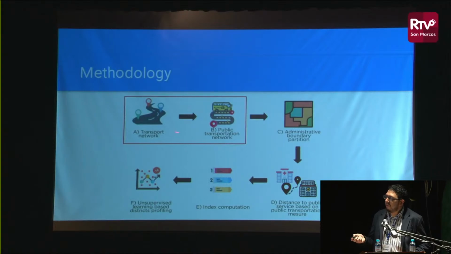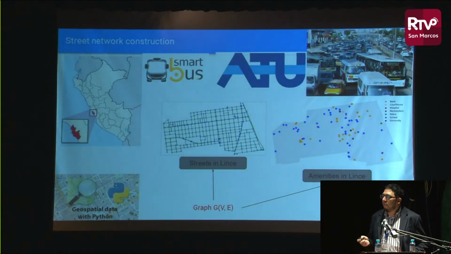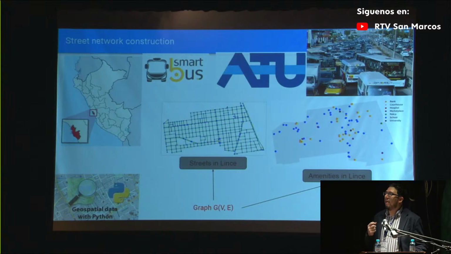So the first part, I'm going to explain the graph construction for the transportation network. Basically, we rely on open data, and we build this kind of graph, in which the edges represent the streets and nodes represent the intersection of streets.